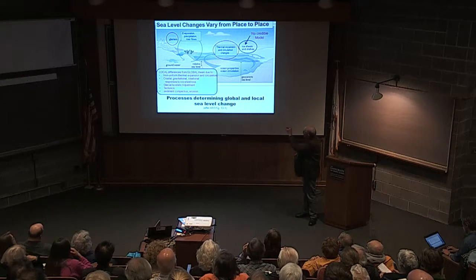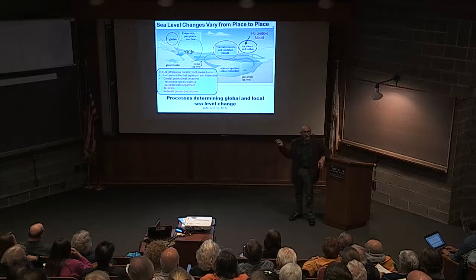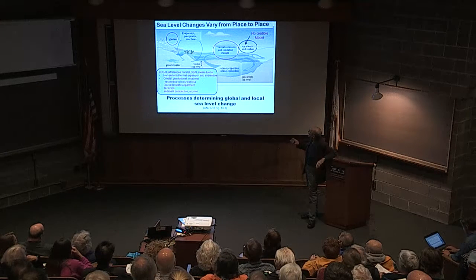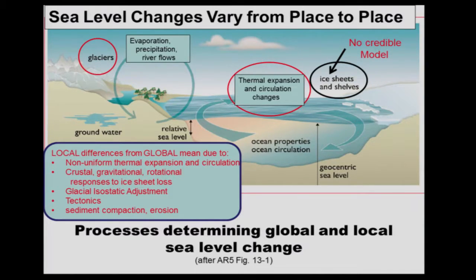This is a too complicated slide, but what it basically is these are the different sources of sea level rise. There are the 3 I talked about before, which give you the big global picture: mountain glaciers, thermal expansion of ocean water, melting of the ice sheets. But then there are demons involved in each of them, which I will explain a couple of things right now, just by way of example.